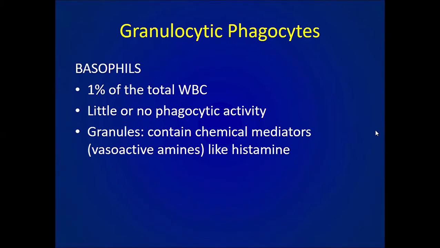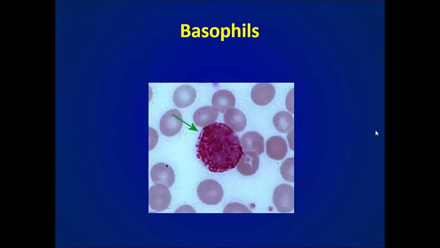So since it contains histamine, it may be involved in some allergic reactions. Okay, so that is your basophil. It is called basophil because of the color of the granules, because it takes up the basic dye that is contained in the stain.